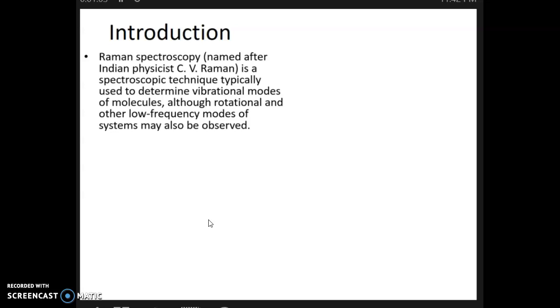It's the technique usually used to determine vibrational modes of molecules, although you can also detect some other rotational and low frequency or low energy modes present in the molecule, but in chemistry it's majorly used for vibrational modes. It's based on what we call the Raman effect or Raman scattering.